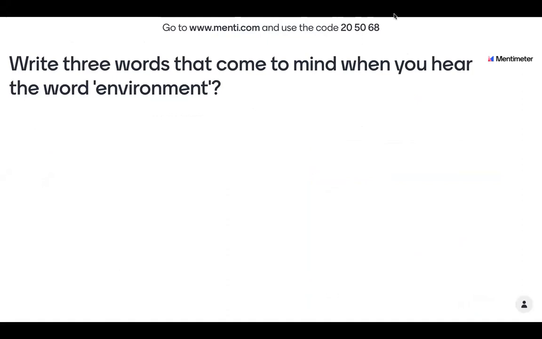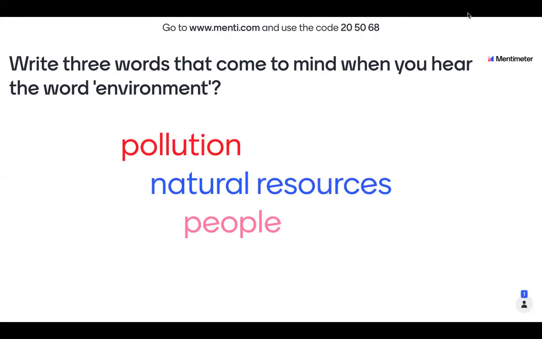Okay, again, for the benefit of everybody, you have to go to menti.com and key in the code 205068. And the question is, write 3 words that come to mind when you hear the word environment. Oh, so here's a response here: pollution, natural resources, people.